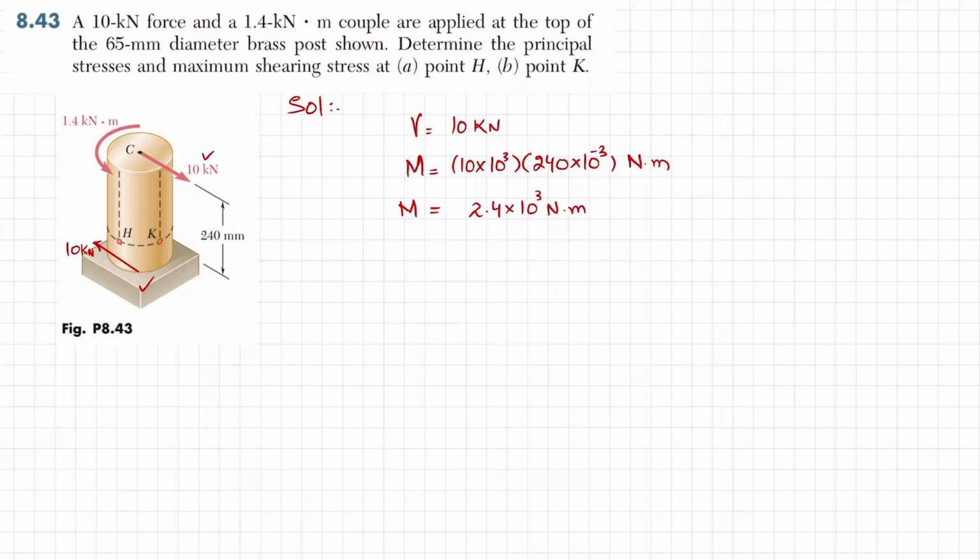And also a torque couple is given, opposite to that, and this torque is equal to 1.4 into 10 raised to power 3 newton meter. Now we have been asked to find the principal stresses at point H and point K.